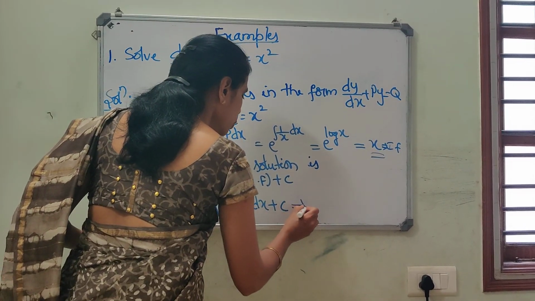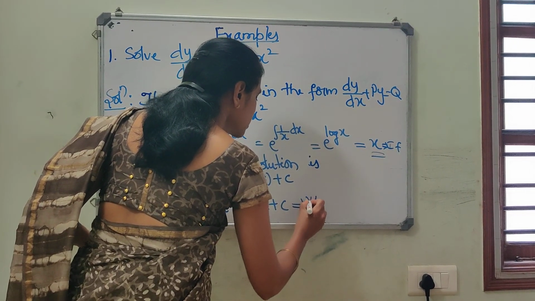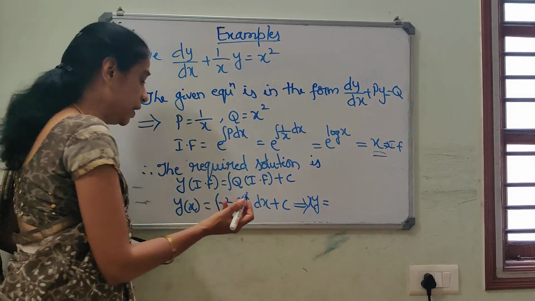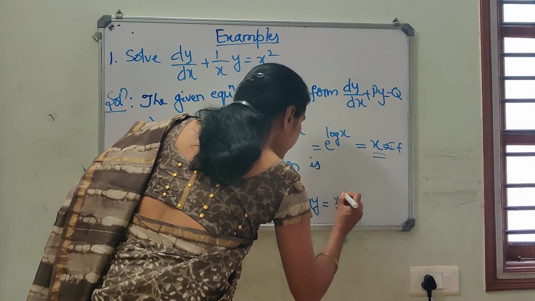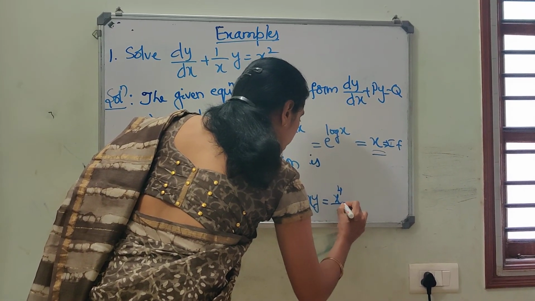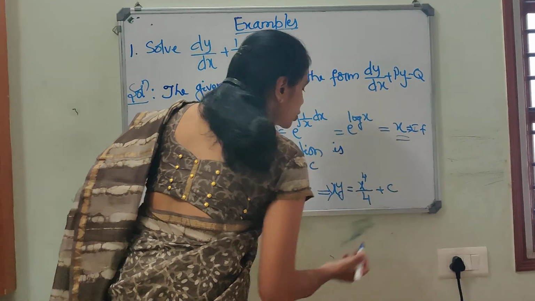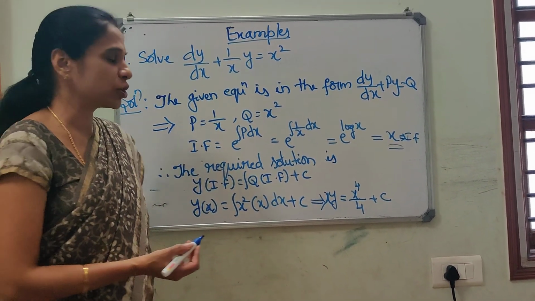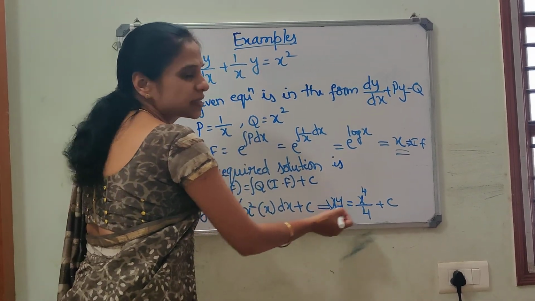So this gives you xy is equal to, you can see here x cube, which is a simple integration. You can write it as x to the power 4 by 4 plus the constant of integration. If you want, you can write it as y as a function of x. You can see here both y and x are combined here.